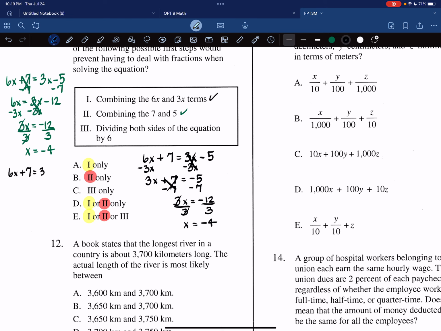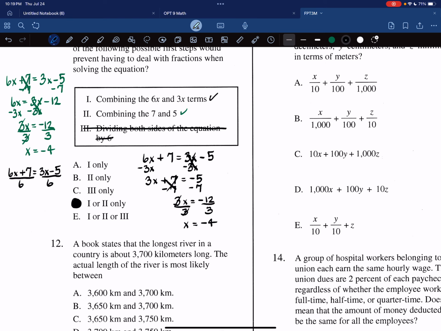Because if you divide both sides by 6, you're going to be dividing by 6. And what have you just created there? You've created fractions. So this one is not one of your choices, but 1 and 2 are. So you would want to choose the option that includes both of those, and that is D, as in Delta.